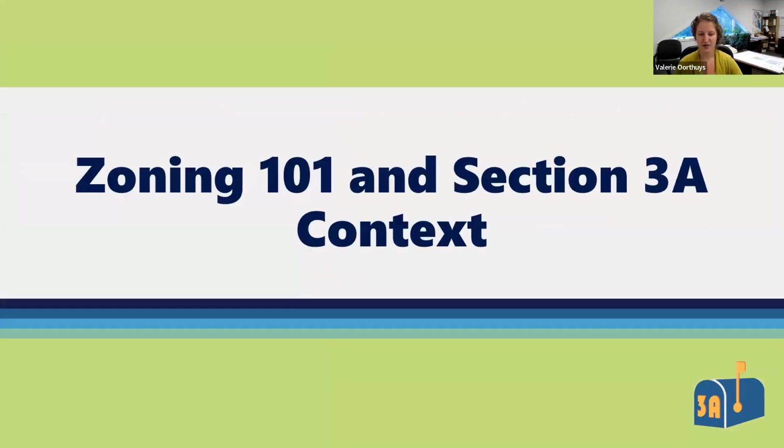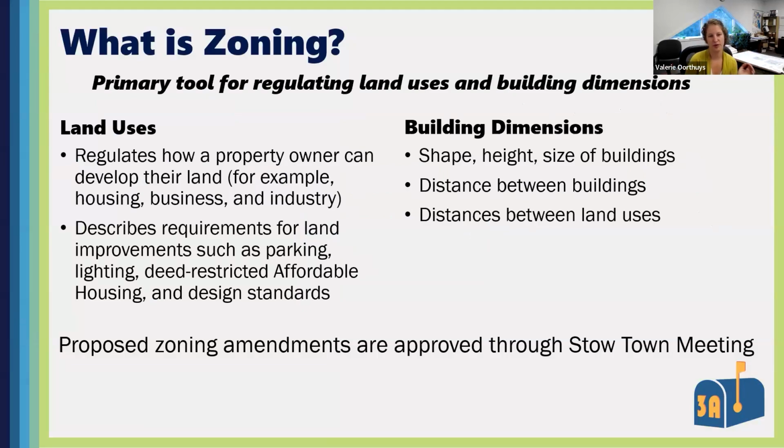All right, so Zoning 101 and Section 3A context. First off, what is zoning? So it's our primary tool for regulating land uses and building dimensions. So it regulates how an owner can develop their land, if it's residential, business, commercial, industrial.